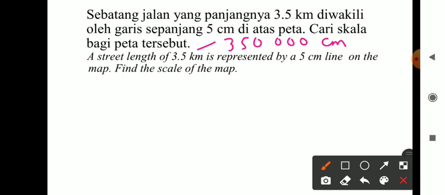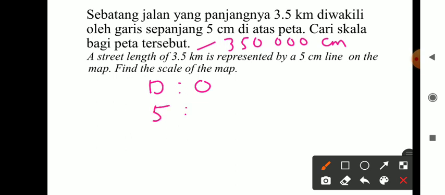Only then can you compare. Okay, use this magic formula, D to O, drawing to original. So which is your drawing? Drawing is the line you draw on the map. Drawing can be your line, your map, or your plan. We call that plan, bukan? So on the map it is 5 cm.